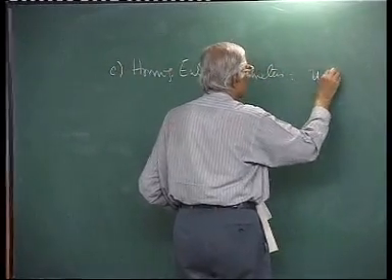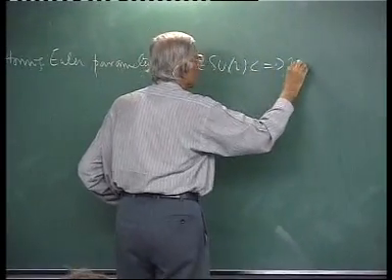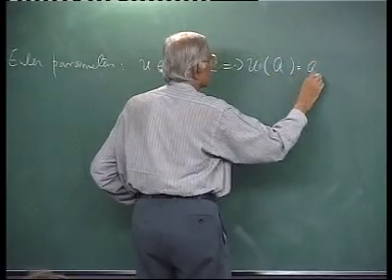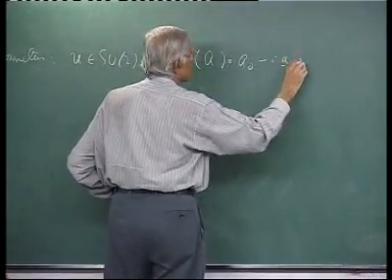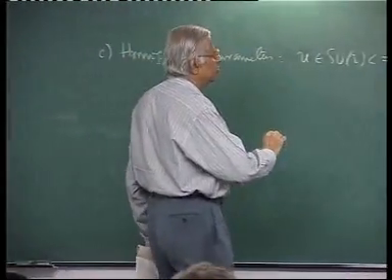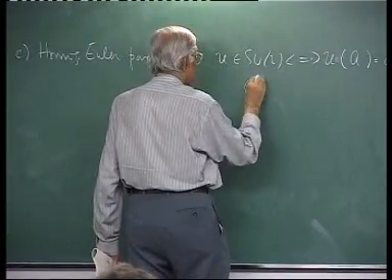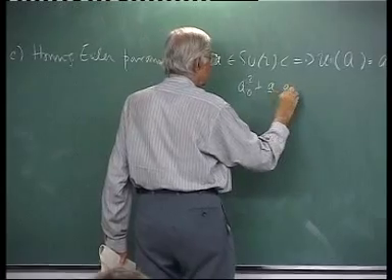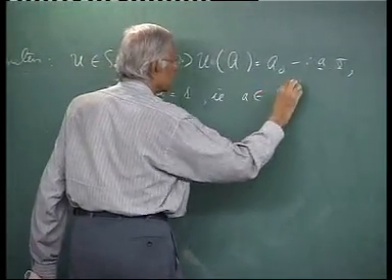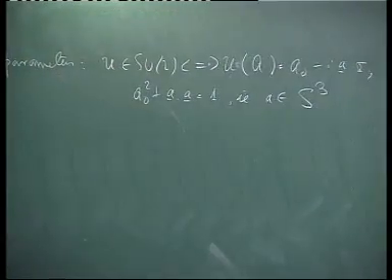It is a fact. So these are all things which you must verify. Any SU2 matrix is uniquely expressible in this form in terms of a unit vector in 4-dimensional real Euclidean space.